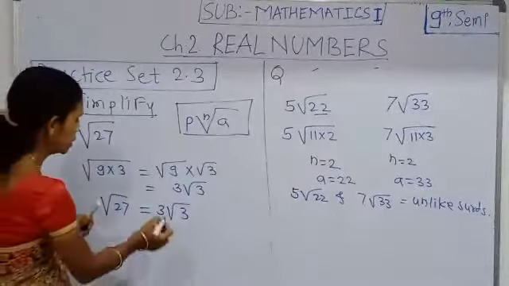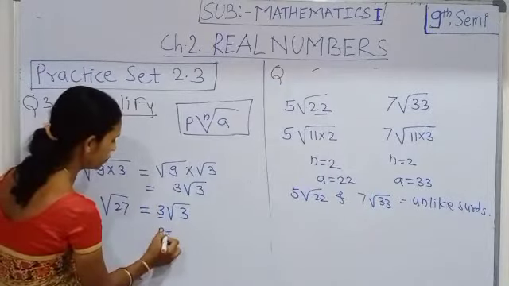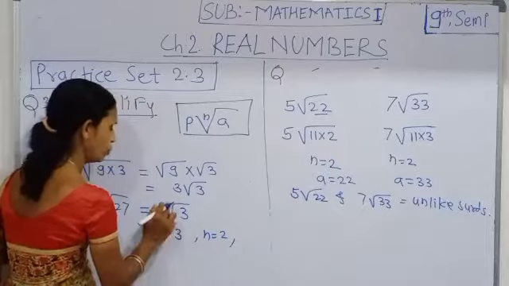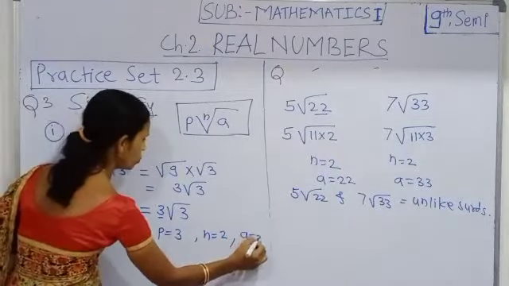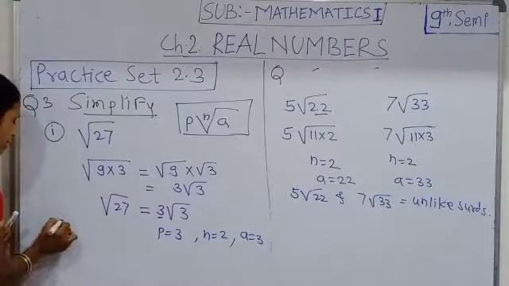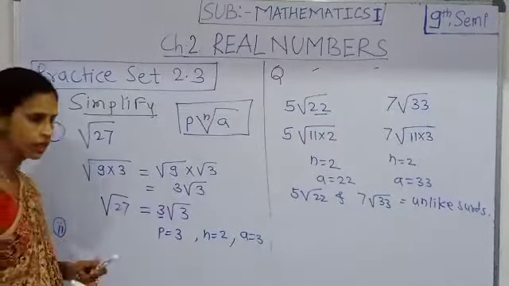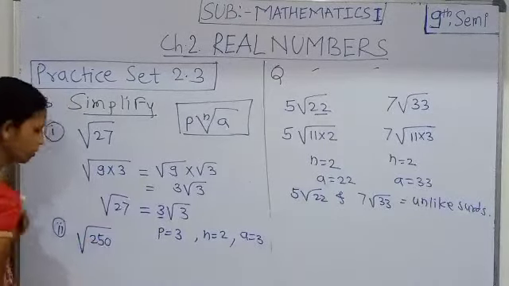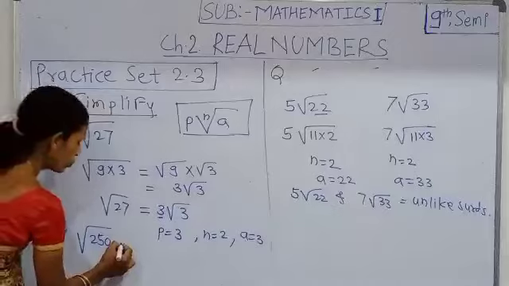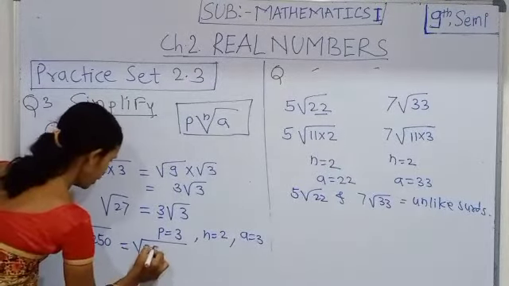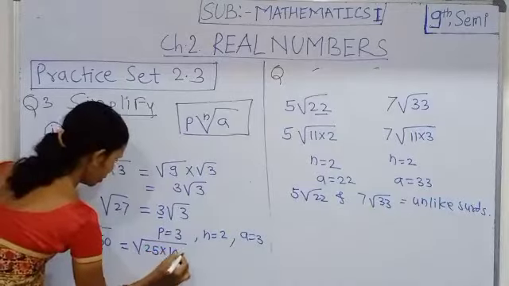In which, see here, p is equal to 3, n is equal to 2 and a is equal to 3. Then one more example which is given here, that is root 250. Then we have to factorize it into root 25 into 10.